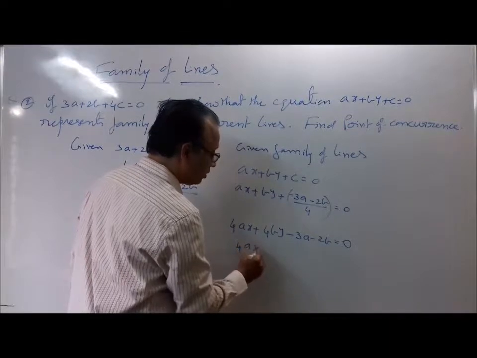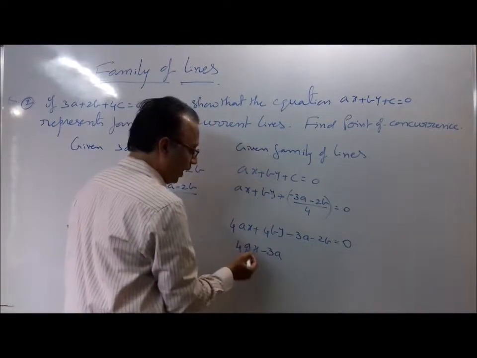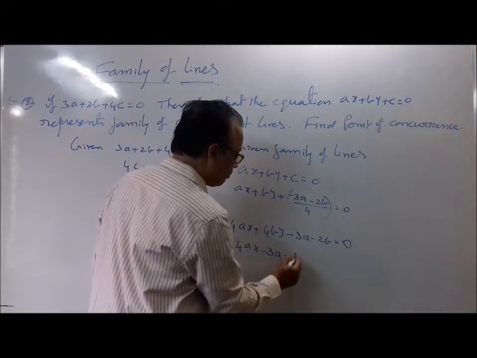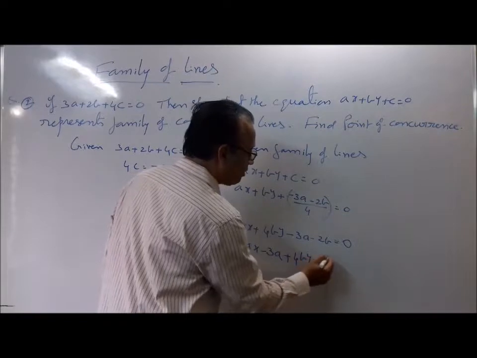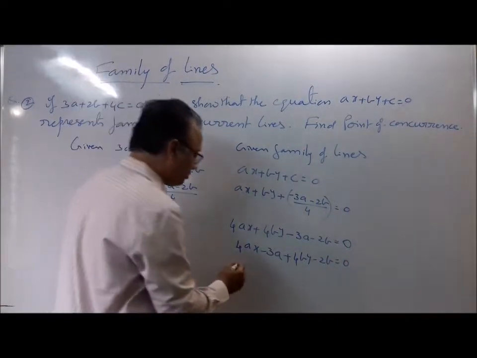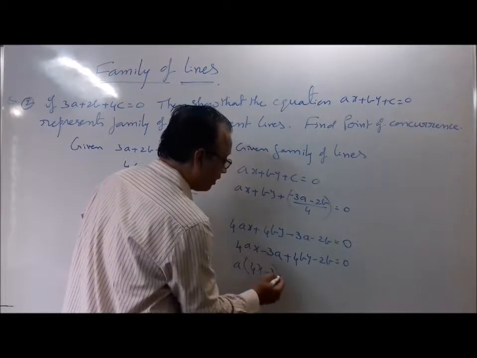Now 4ax minus 3a, I arranged both first. Now plus 4by minus 2b equal to 0. I take a as common: 4x minus 3.